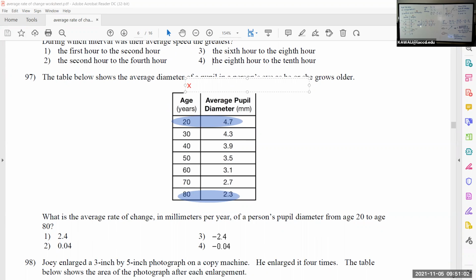And this is my Y column here. So go ahead and compute it. Compute the average rate of change is Y2 minus Y1 all over X2 minus X1.